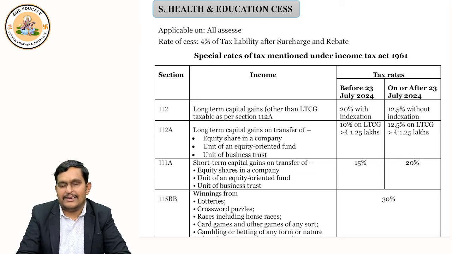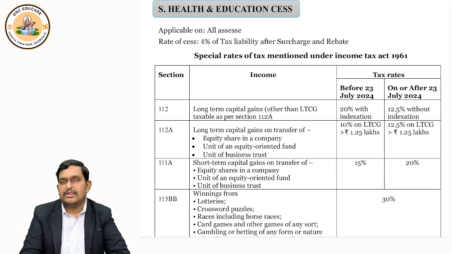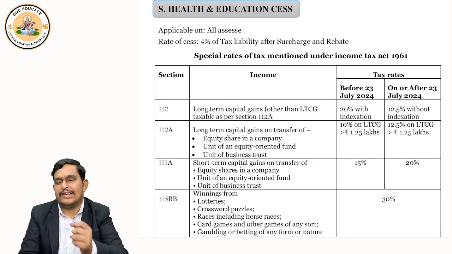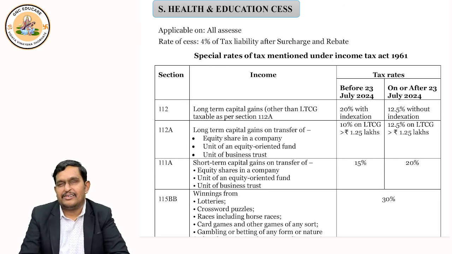Okay. Right. Now, all concepts done. One small concept left. That is marginal relief. I said surcharge. When I said surcharge, suppose your income is just 1 crore 1 lakh rupees.